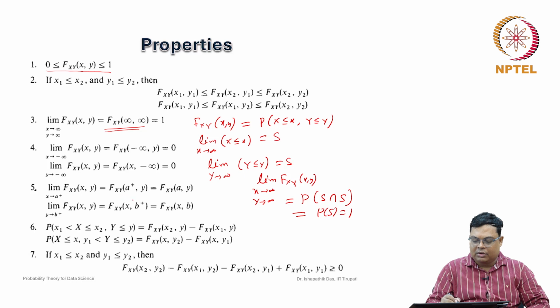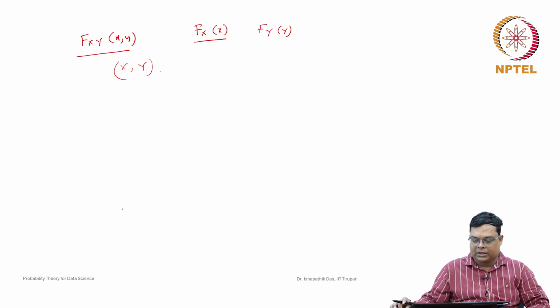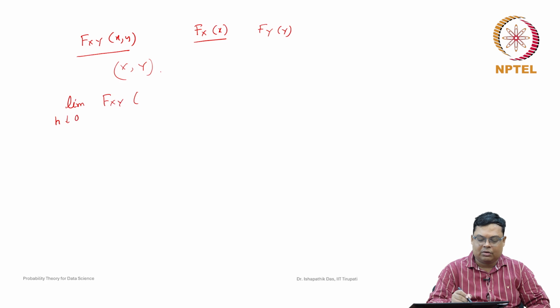Now, this will be a right continuous function. We are not going to prove it, just to understand it. For univariate cases also we have checked that the function is right continuous. Right continuous means if you take the limit of F_XY, where h is positive and decreasing to 0, at a plus h, y for any value y, this is called the positive limit F_XY(a+, y).